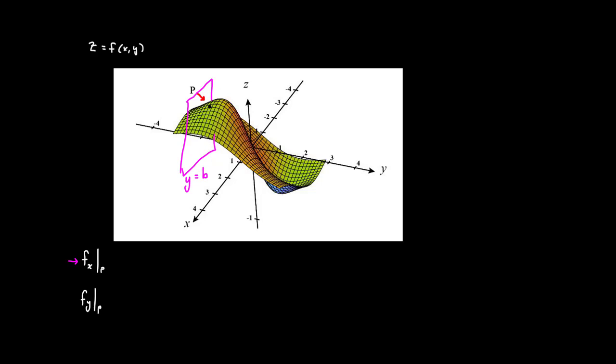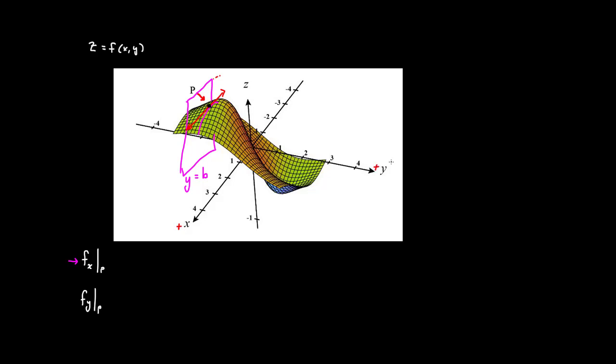And then if I look at the trace along that y, then I have sort of that shape there. And what I'm looking for here is if I drew a tangent, a tangent at this point would look like this. It would be on that plane, and there is the tangent line. I would also like to note that this is the positive x and this is the positive y.